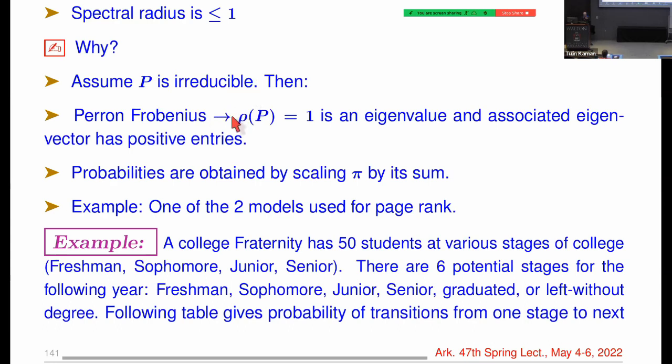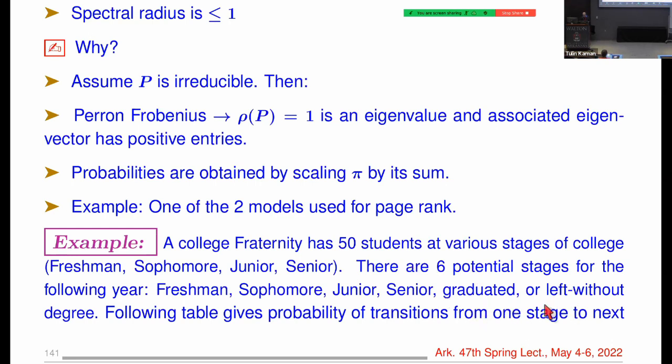And there's an example in here, which is a very simple illustration. You have a college fraternity that has 50 students at various stages of college: freshman, sophomore, junior, senior, etc. There are 6 potential stages: these 4 that I mentioned, plus graduated or dropped out.